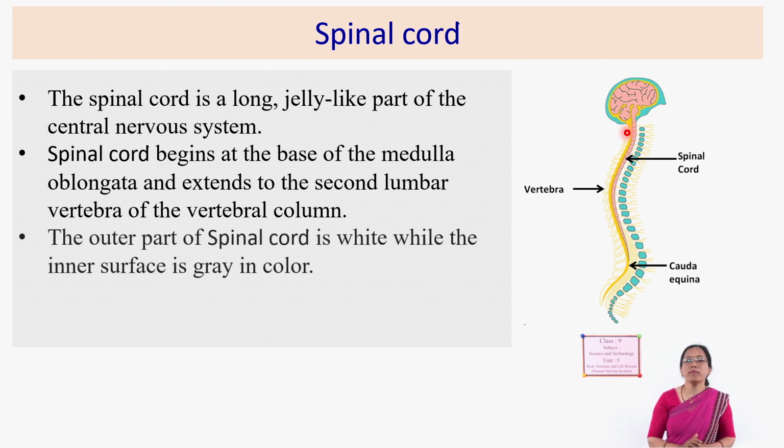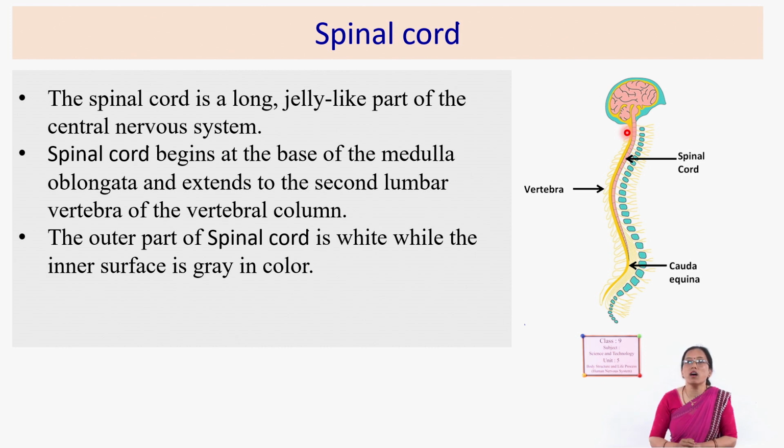The spinal cord, just like the brain, is also made up of grey matter and white matter, but here it is just the opposite of the brain. In the brain, grey matter is outside and white matter is inside.